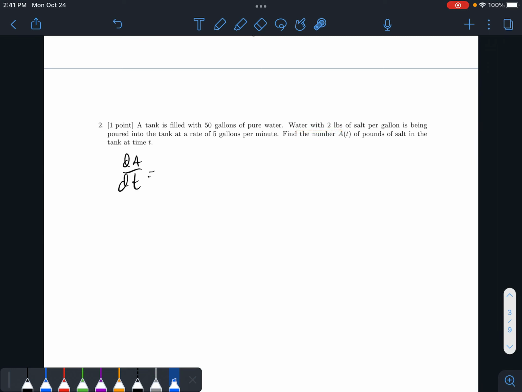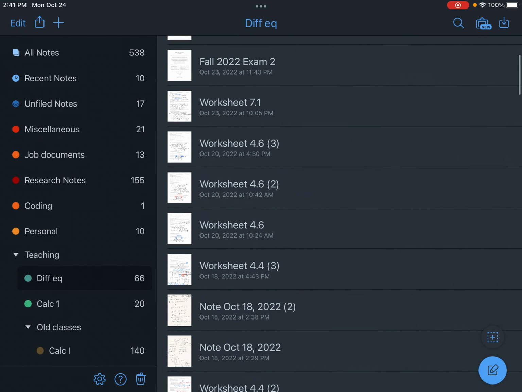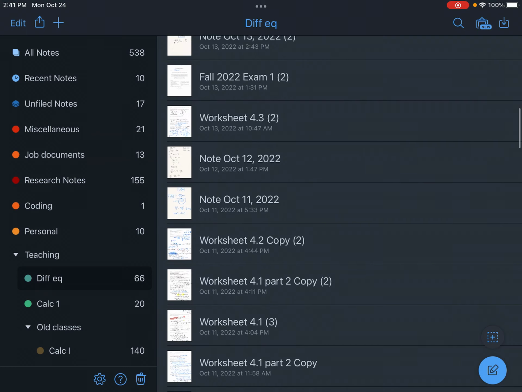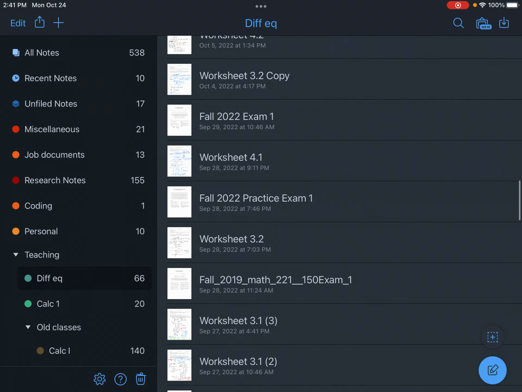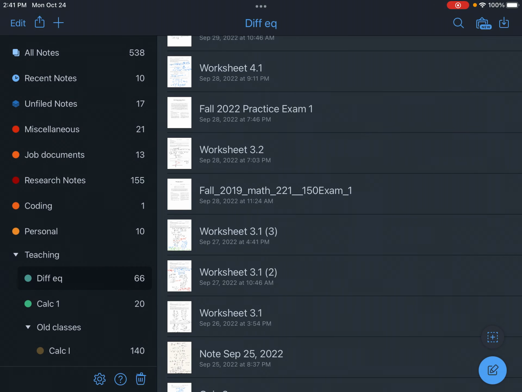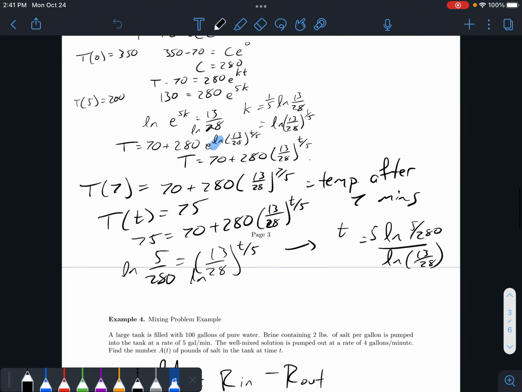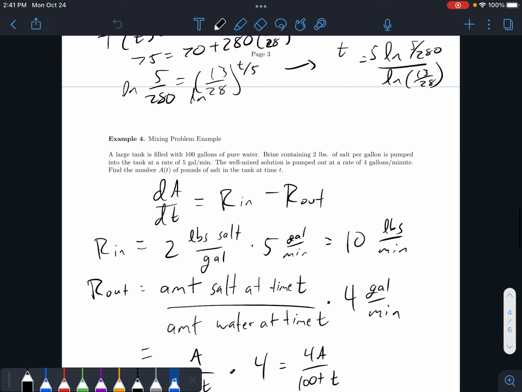Sorry, I think I just realized that there's a typo in this. Okay, this was supposed to be very similar to the 3.1 problem. So I'm just going to modify this on the fly. Where is 3.1? Worksheet 3.1. Yeah, it's missing this sentence right here: then the well mixed solution is pumped out at some rate.